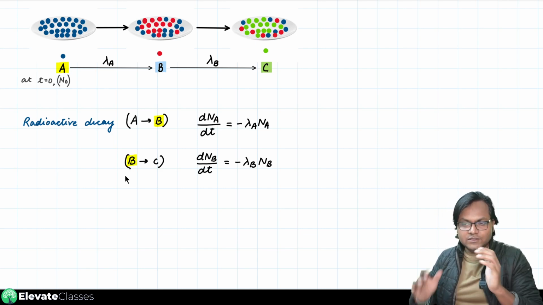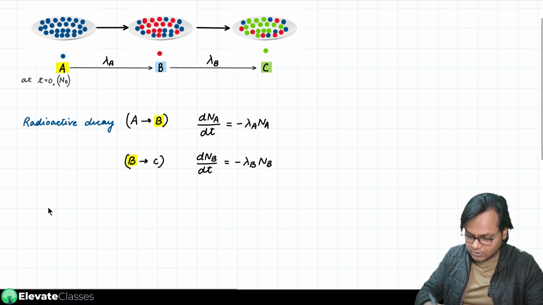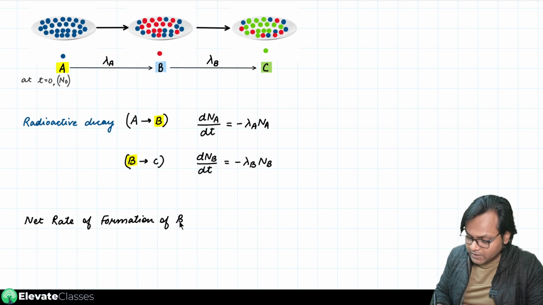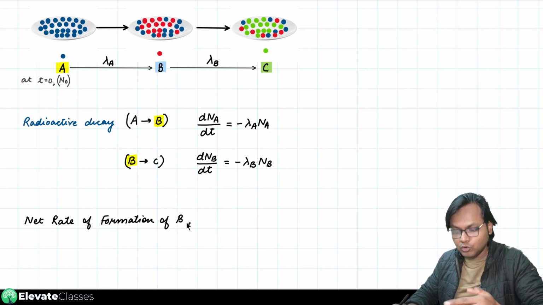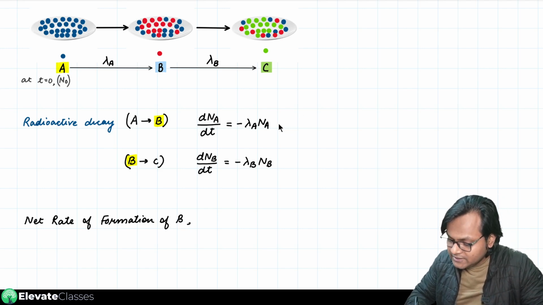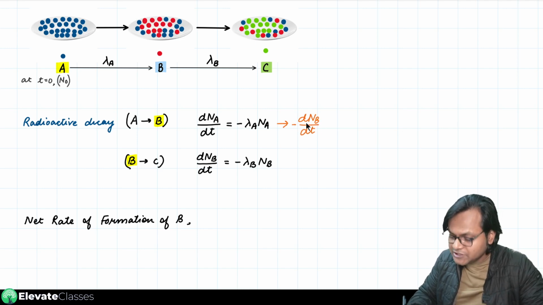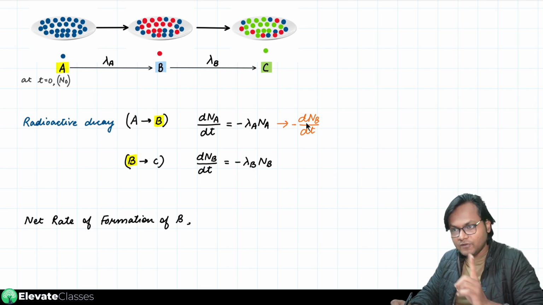So therefore, the net rate of formation of B is given by a combination of both. You have to understand that this expression is essentially the creation of N_B. This basically gives us an idea about the creation or the formation of B.